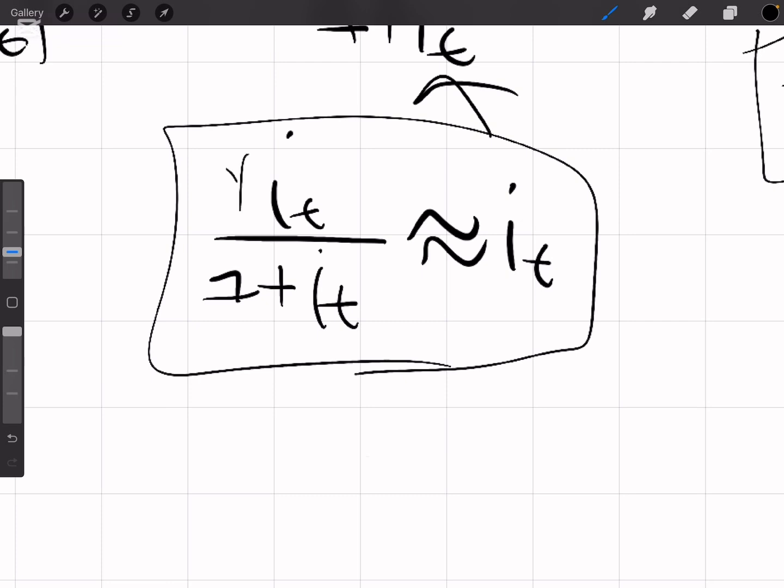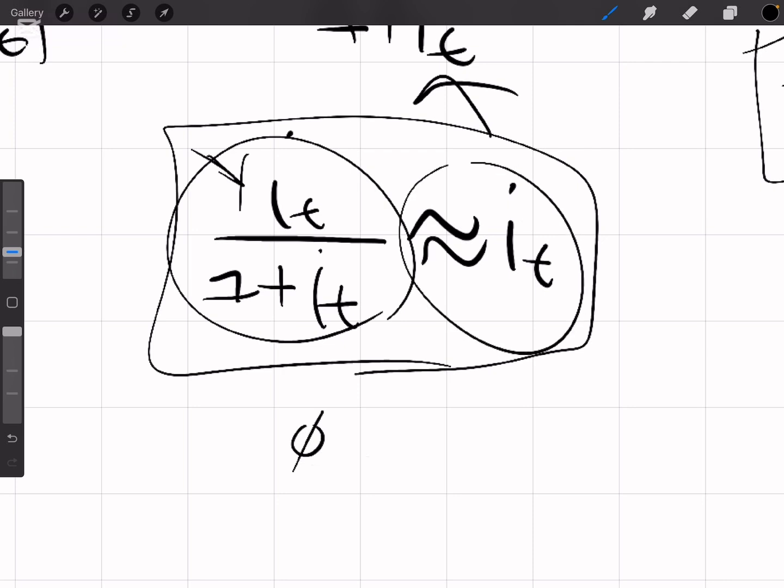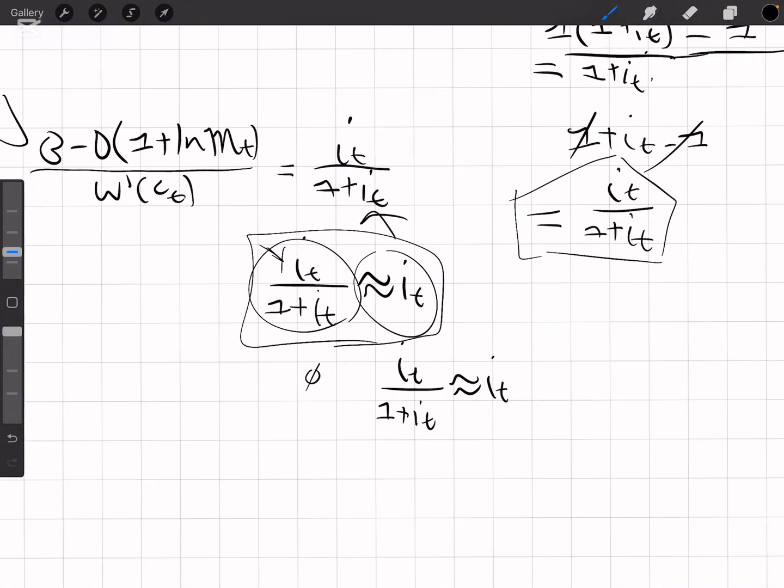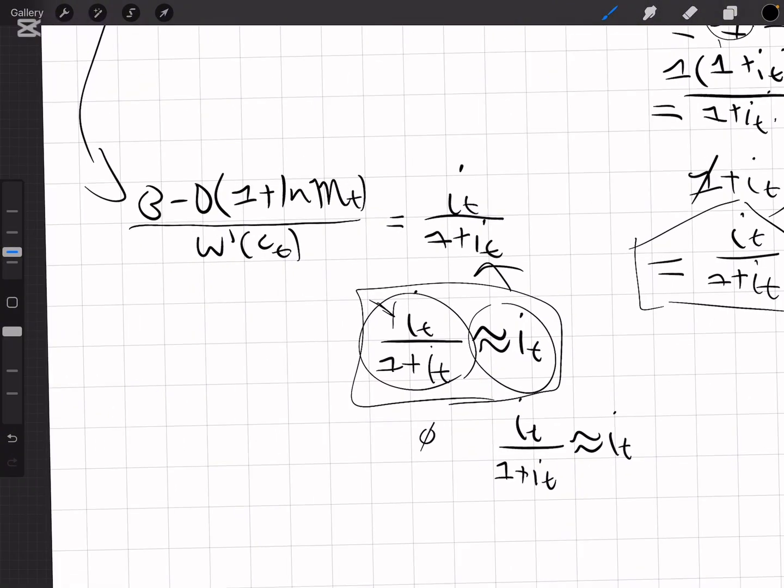Because IT is so close to 0, IT over 1 plus IT is essentially just IT, an insignificant change. It's very, very close. So that's your MRS.